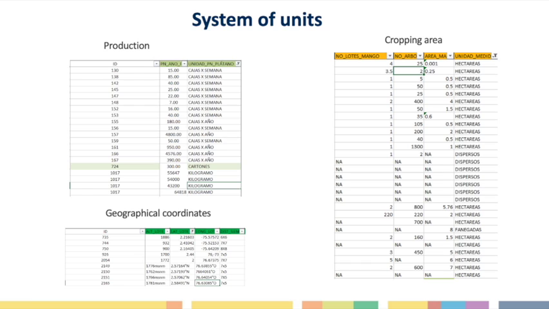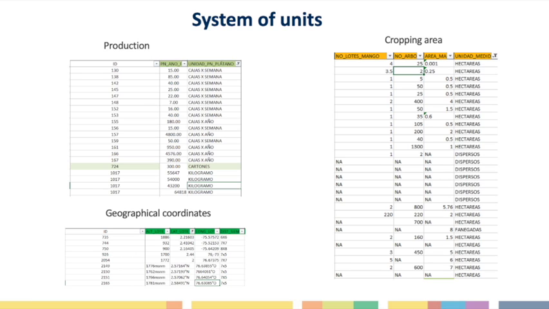Another frequent error in the databases, and I mentioned this in the other presentation, is related to the systems of units. This happens when we do not use software to capture data. This is one of the cases, in the first projects where I participated, where some producers registered their production in boxes per week.